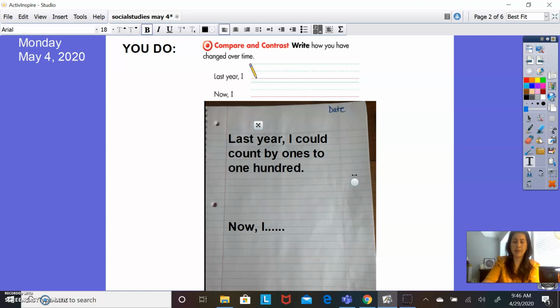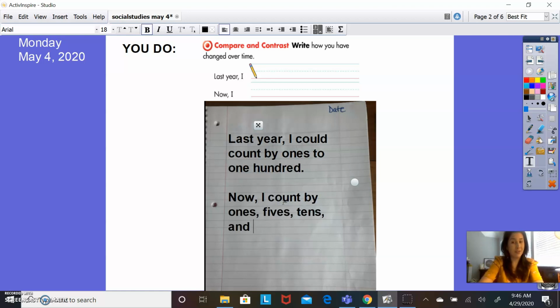Okay, we could think about something in school that we could do. And then now, I count by ones, fives, tens, and twos to 100. That's just one example.